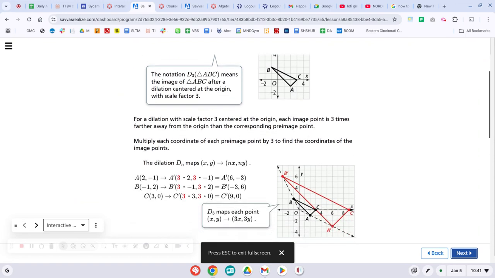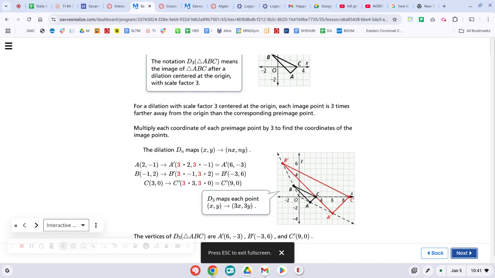So what we had to do is find the points. For example, point A was at 2, -1. Multiply those by 3. Our new point A will be at 6, -3. So to dilate it, all you got to do is multiply the numbers in the ordered pair by the dilation. Does that make sense?